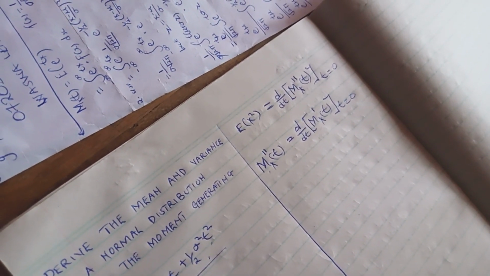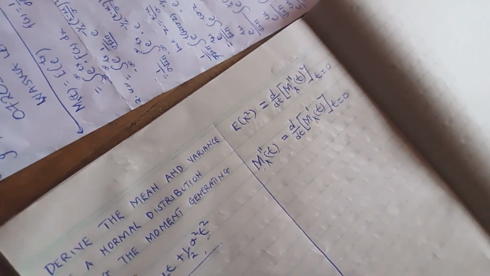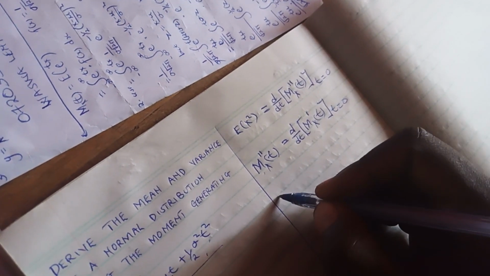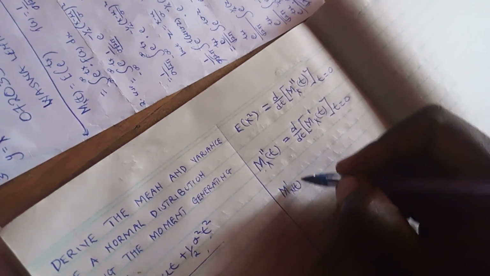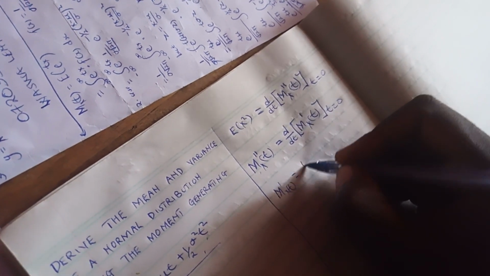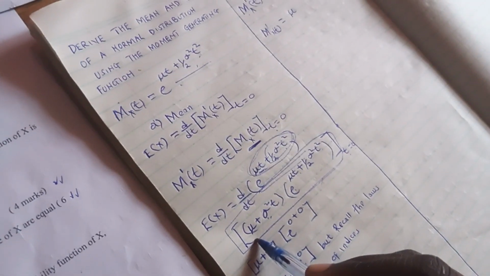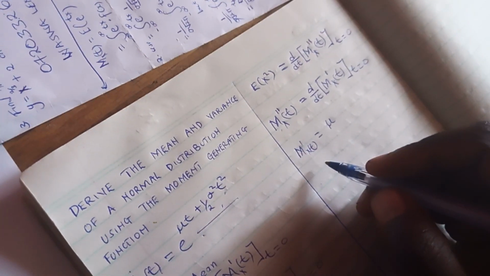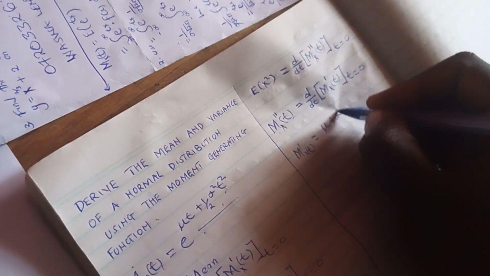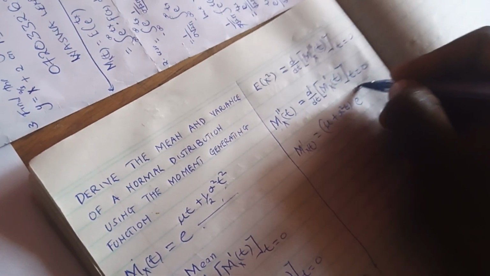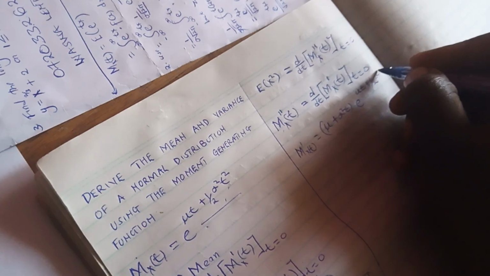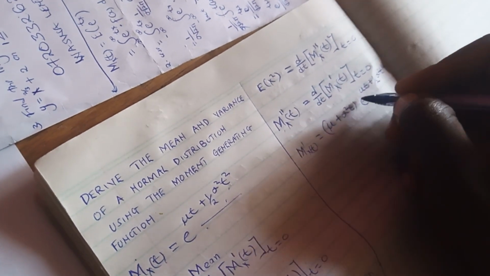Are we getting it clearly? Then in doing so, our first derivative gave us mu, this one, that is our first derivative. It gave us mu plus sigma squared t, then the exponent mu t plus a half sigma squared t squared.